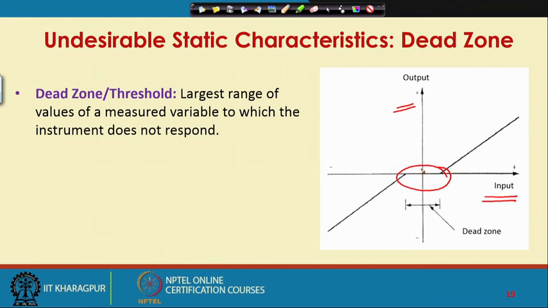So, if we go on increasing the input value up to this, there is no output. From here, the output of the instrument changes linearly with the change in input. Same thing here, in this range there is no output from the instrument. So, this is the dead zone. So, dead zone is the largest range of values of a measured variable to which the instrument does not respond. This is also known as threshold.